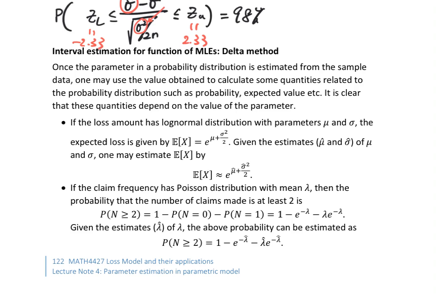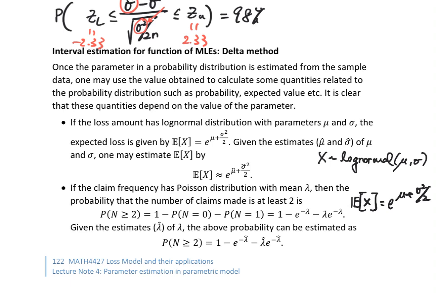In this example, it has a normal distribution with parameters mu and sigma. When I want to evaluate the losses, I'm interested in knowing the expected value of it. As we know, for the normal distribution, the expected value is exponential to the power mu plus sigma square over 2, isn't it?